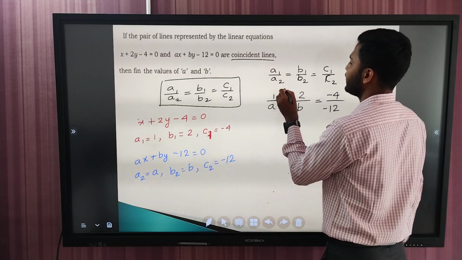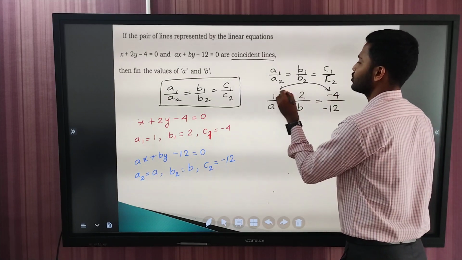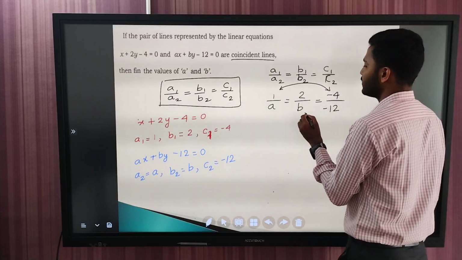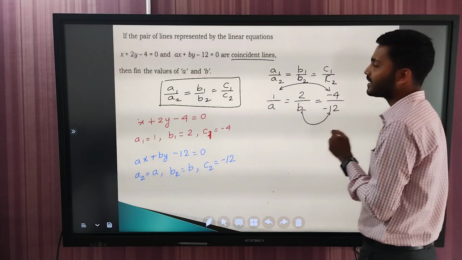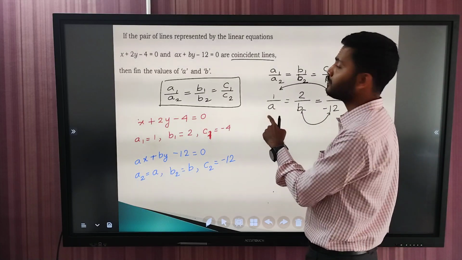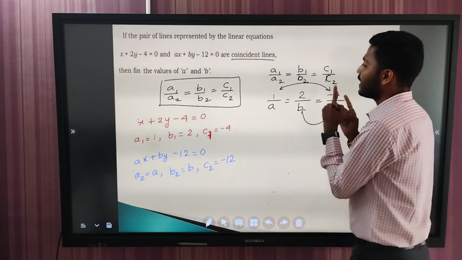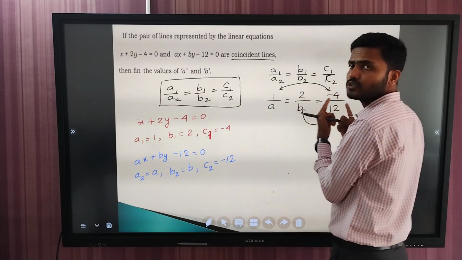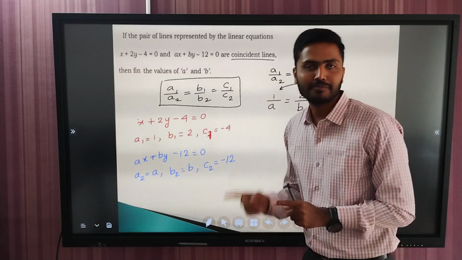Now I can equate these two and find the value of a, and similarly I can equate these two and find the value of b. First I will equate the first ratio to the third ratio, and again I will equate the second ratio to the third ratio, to find the values of a and b.